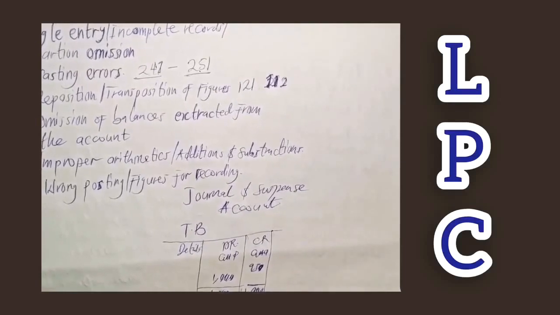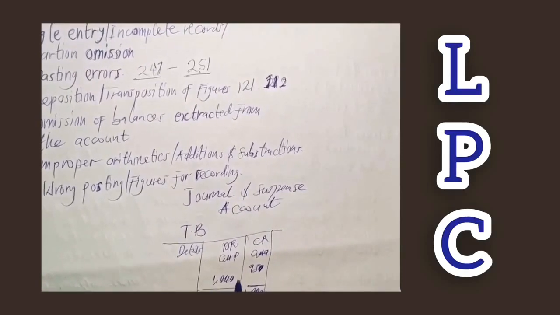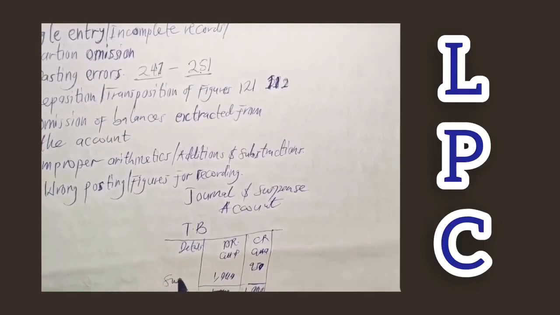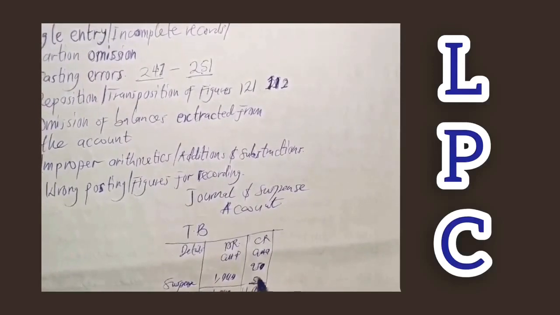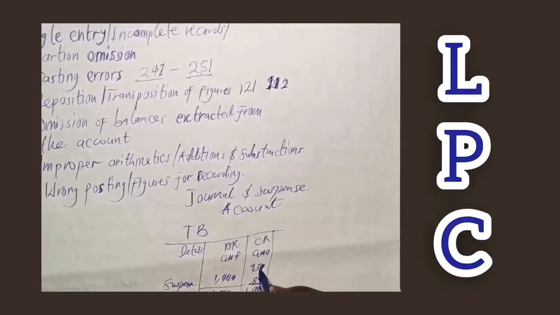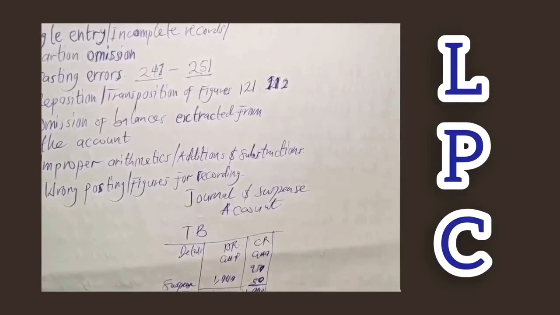Meaning that the credit side has been shortened by 50, and therefore that 50 we are going to place in the suspense account at the credit side. So once you add the 50 to the 950, you get the 1,000 that you're having.